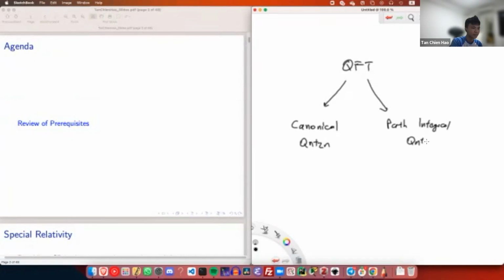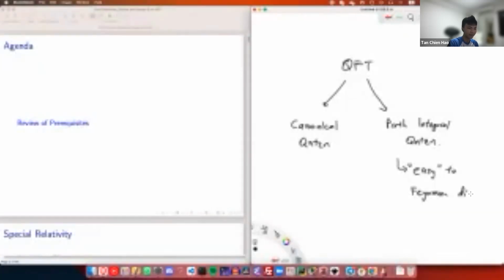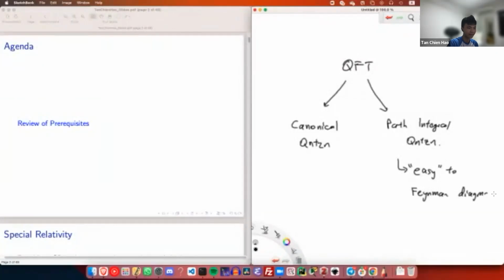The thing is that the path integral method gets you very quickly and easily to Feynman diagrams. Feynman diagrams are a hallmark of QFT; you see them everywhere.